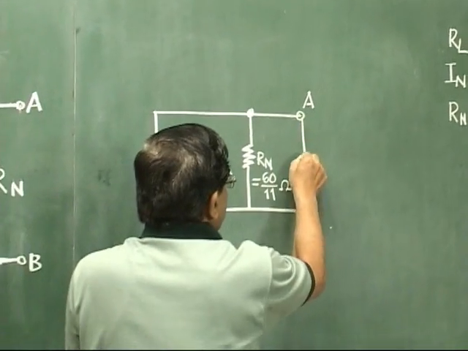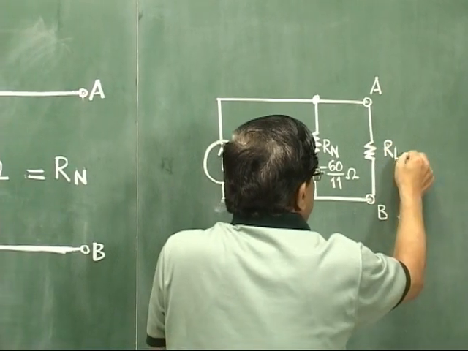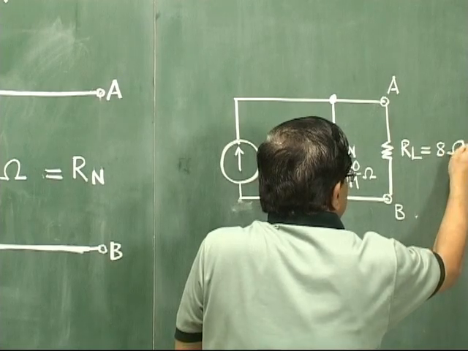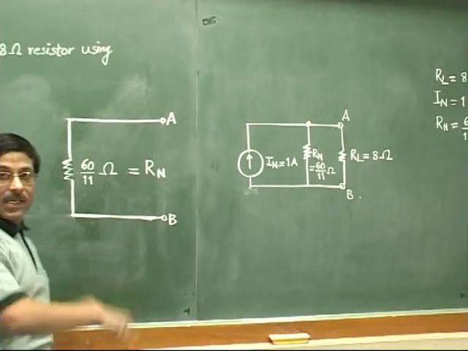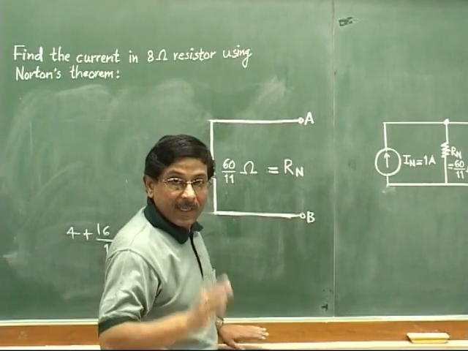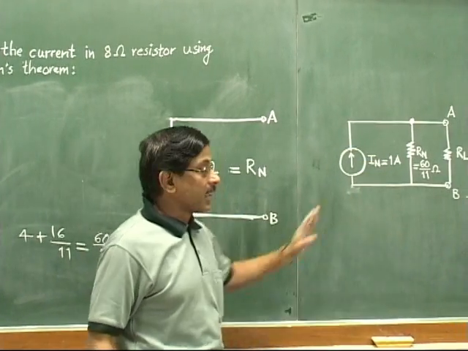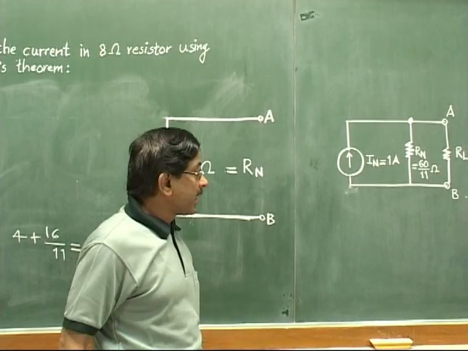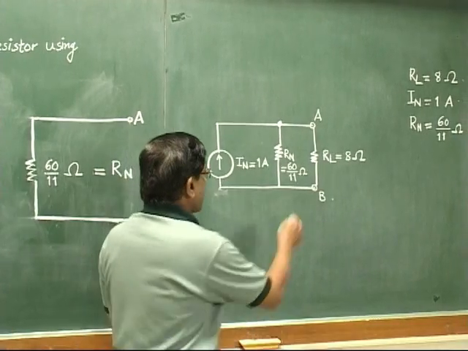So I will just show the load resistance reconnected here, and this RL is nothing but 8 ohm. So it means that whatever was the given circuit, it can be finally replaced by this simple equivalent circuit. And the final job remaining is to find the current in the load resistor. Suppose we say that this current is I.